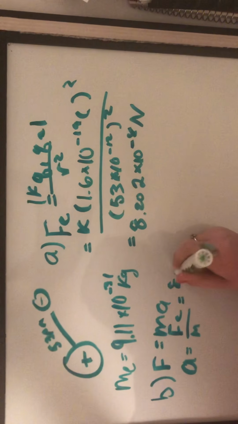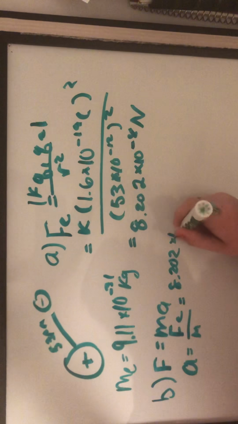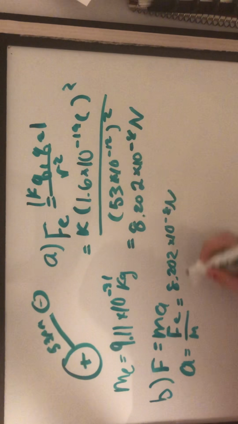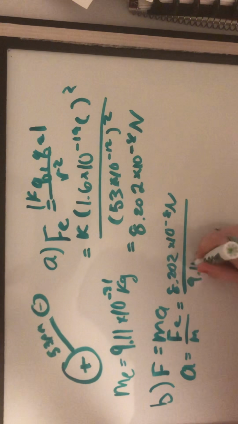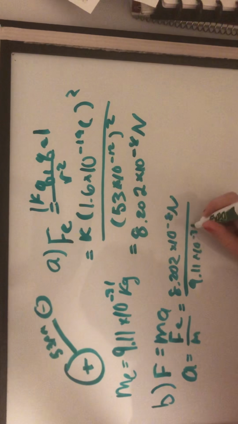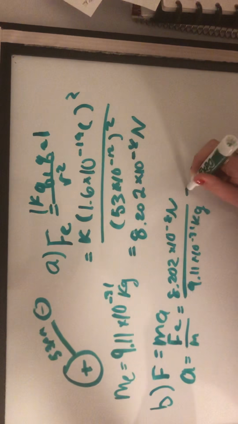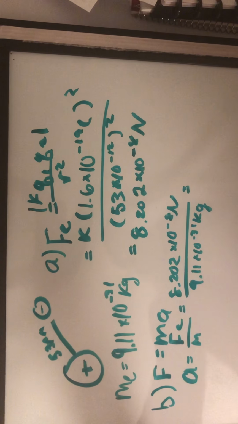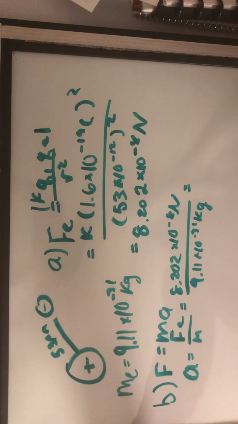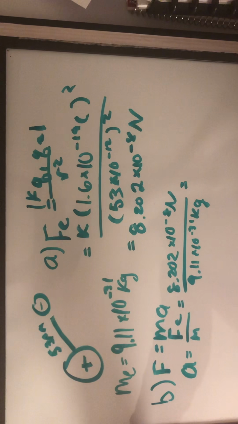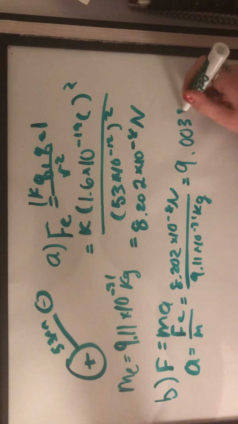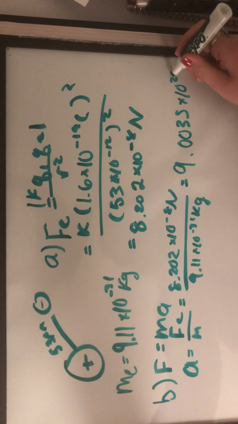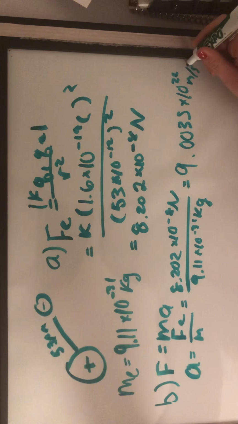So that 8.202 times 10 to the negative 8 newtons divided by 9.11 times 10 to the negative 31 kilograms to get the centripetal acceleration of 9.0035 times 10 to the 22 meters per second squared.